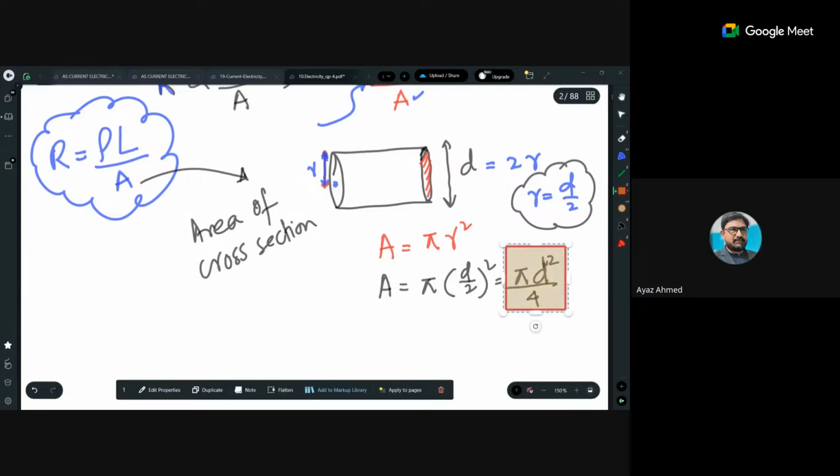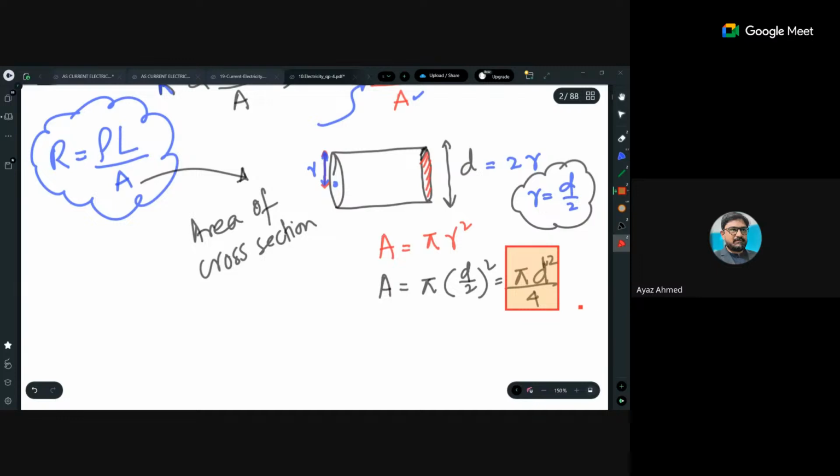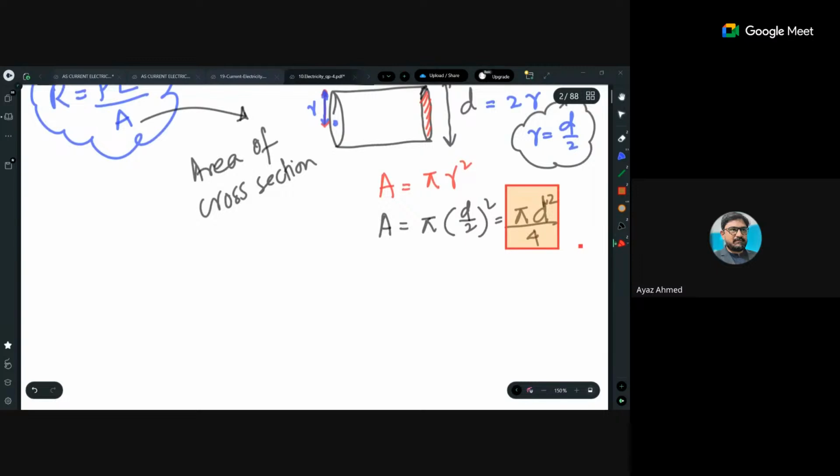You have to recall this formula, because that is in maths, I think, that area is equal to pi d square divided by 4. If the diameter is given to you, you can find the area in this way: pi d square divided by 4. So just replacing this all, R is equal to rho L divided by, instead of area, I'm just using this substitution, pi d square divided by 4.